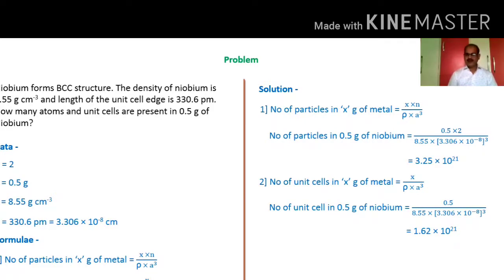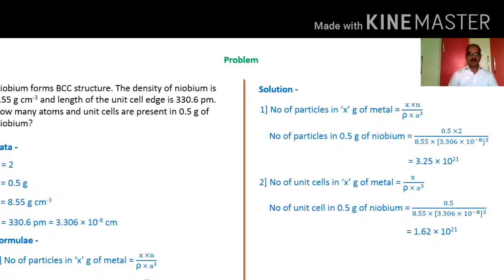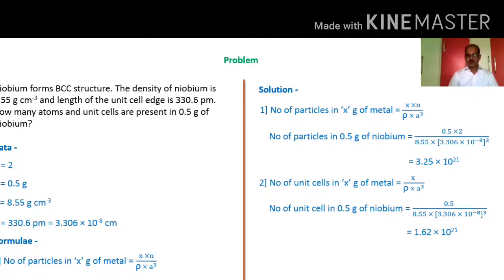So the final answer of the problem is: the number of atoms of niobium is 3.25 into 10 raised to 21, and the number of unit cells is 1.62 into 10 raised to 21 in 0.5 grams of niobium.